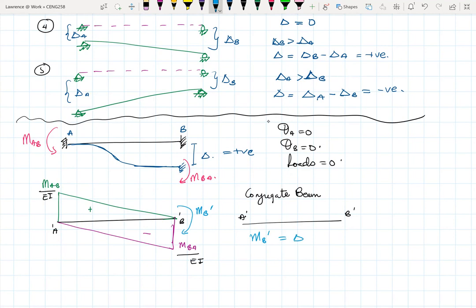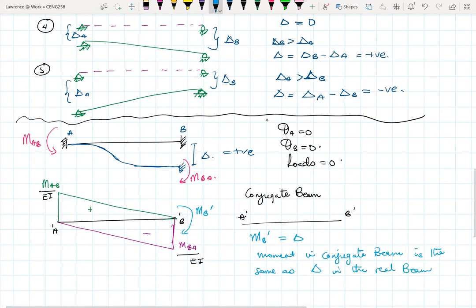All right. So moment in conjugate beam is the same as deflection in the real beam. Okay. So these are things that we've looked at already in the theory of structures.